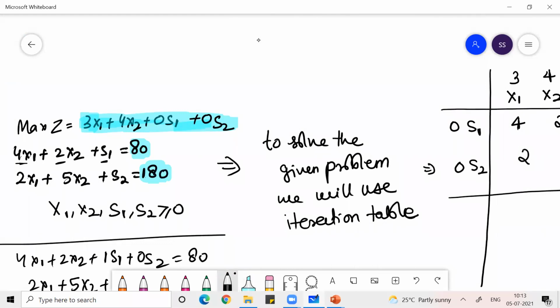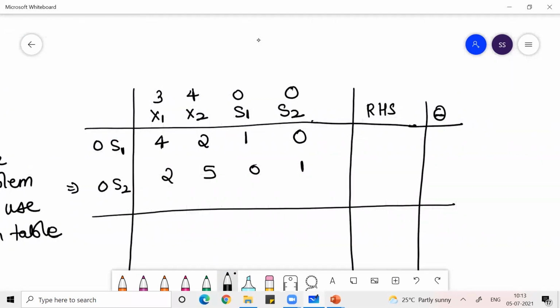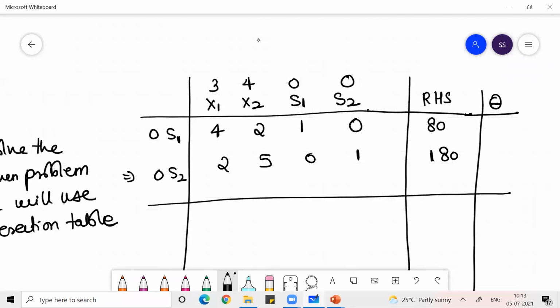This is your RHS, 80 and 180. Clear, everyone? Please write it down.